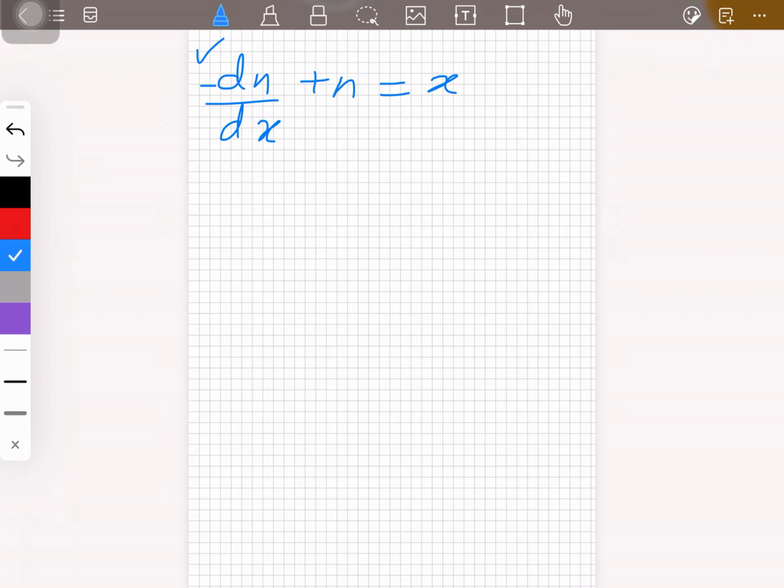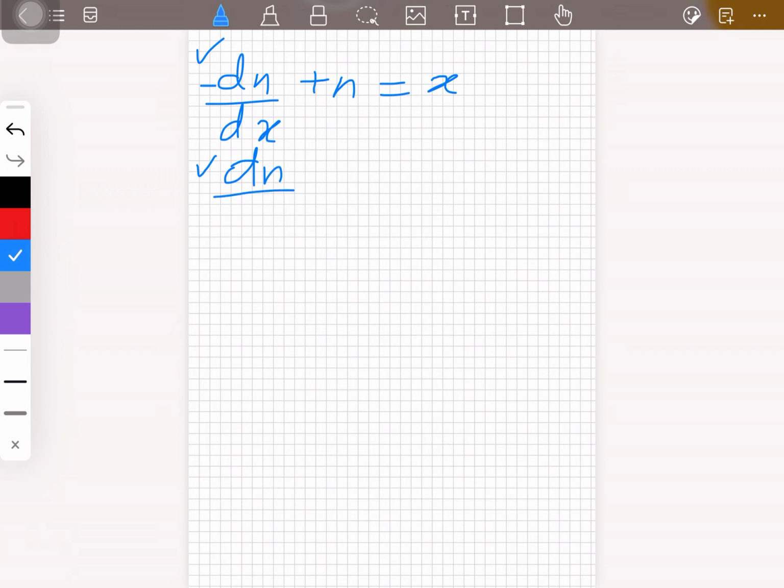Simple. So now we can see that we would want to make the coefficient of dn over dx plus 1, not minus 1. So what we can do is take minus common from this side and send it to the other side.